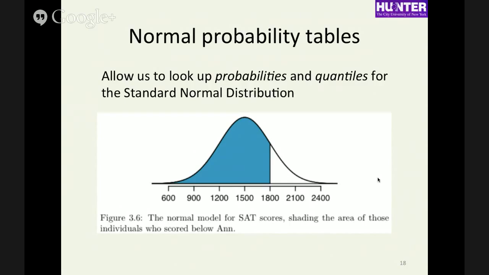So once these scores are converted to z-scores, we can then use this standard normal distribution to calculate probabilities like this. So the percentile or the quantile would be the probability of scoring at that z-score or anywhere below. That's the percentile or the quantile.